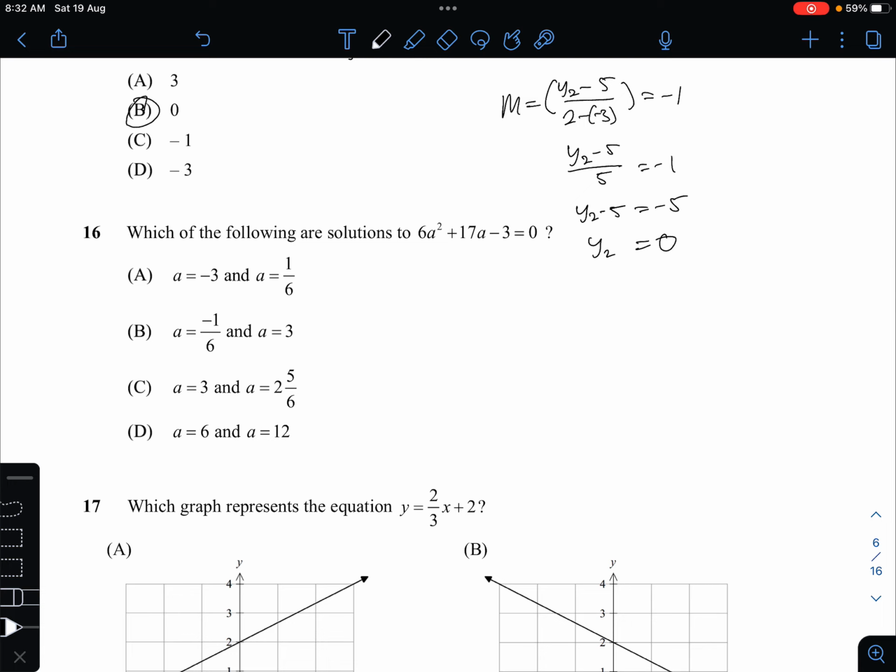Question 16, which of the following are solutions to 6a squared plus 17a minus 3 equals 0? So to factorize this, I'll do it the way you do it.